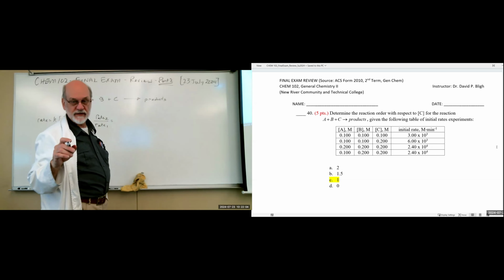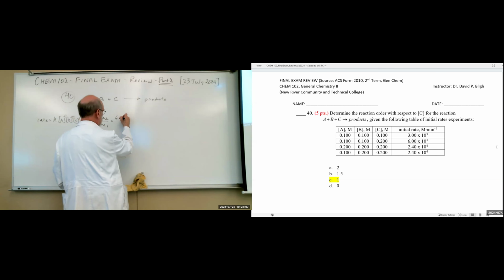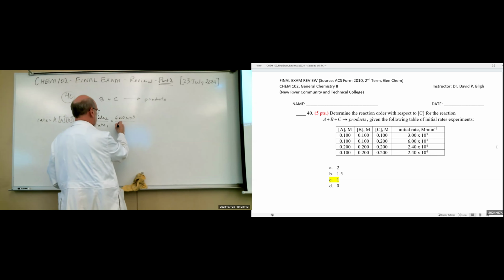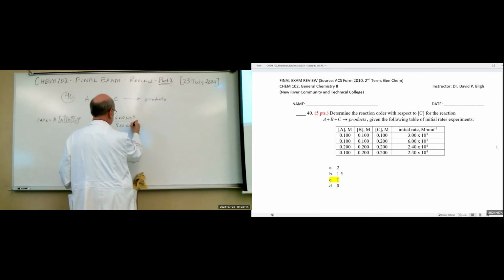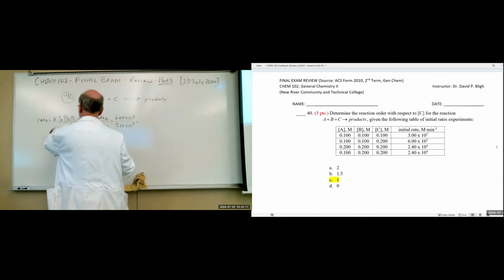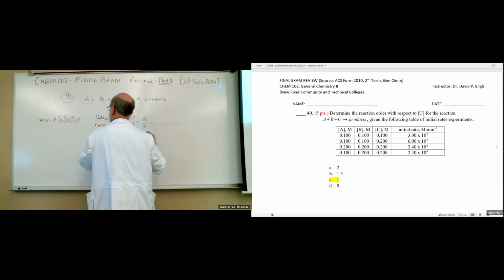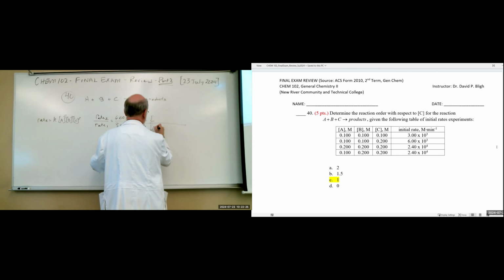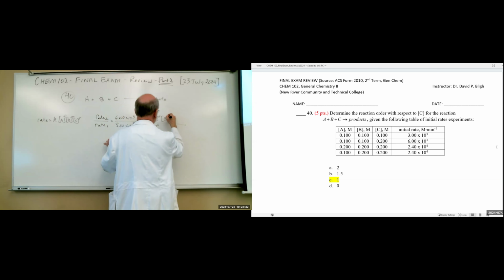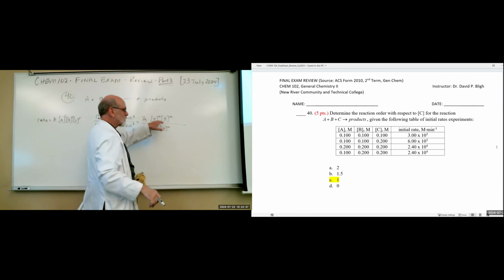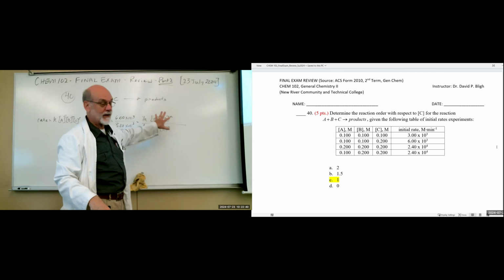Those values would be 6 times 10 to the third over 3 times 10 to the third, which is equal to K over K, which cancels out. A over A to the N cancels out. And then you would have B to the M over B to the M because they're equal concentrations, right? We set it up that way.